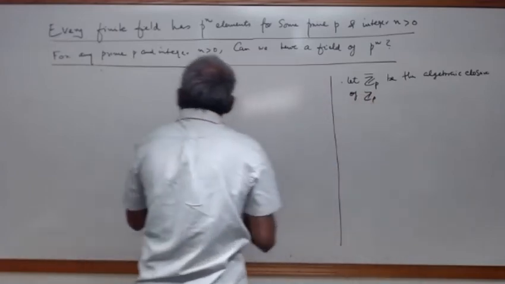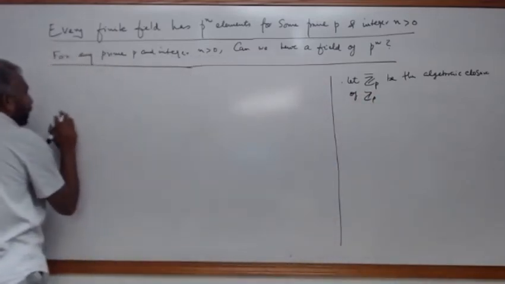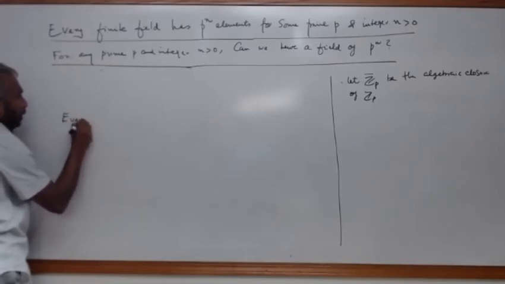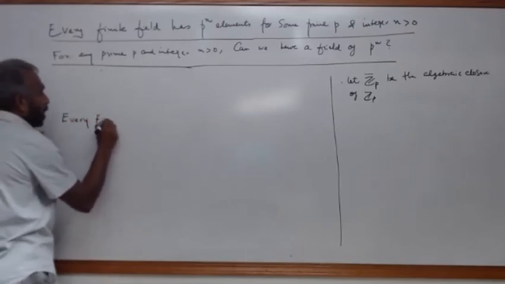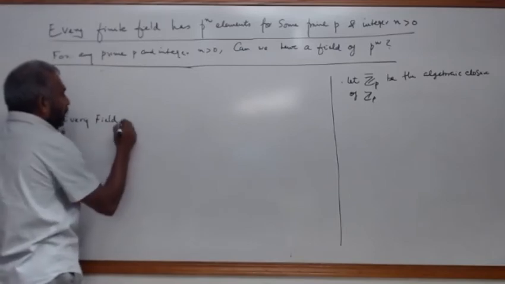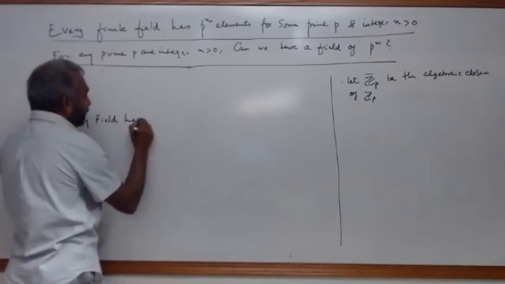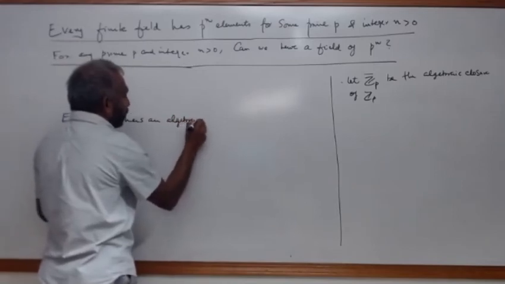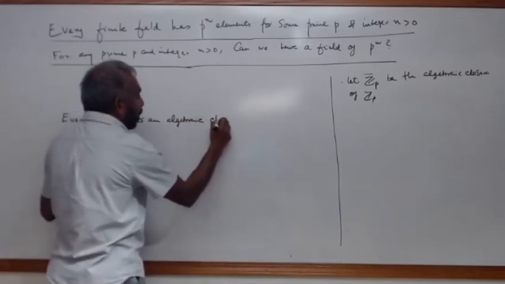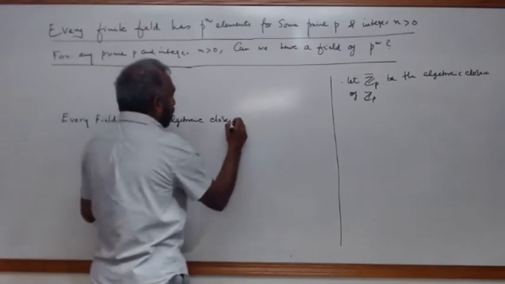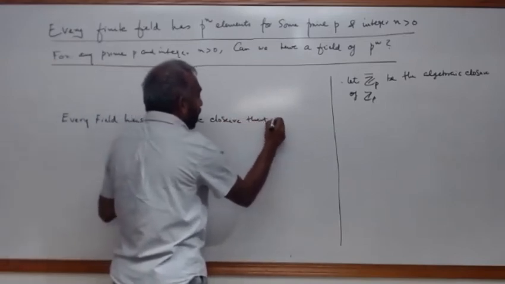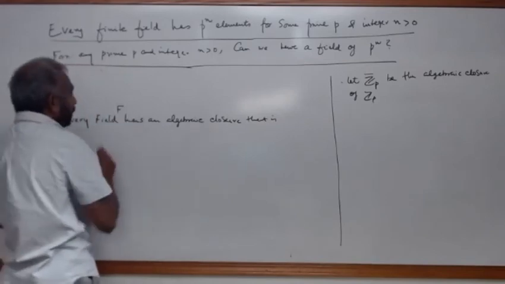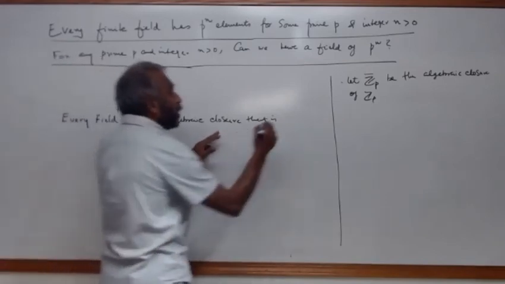When I say algebraic closure, we have a result that every field has an algebraic closure, that is, every field F has an algebraic closure that is algebraically closed.